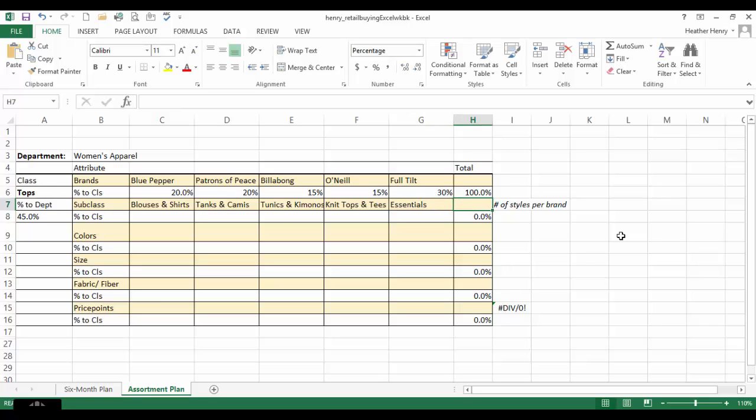Tilly's refers to their basics as essentials, so that's why it really matters what retailer you are examining, to understand exactly what subclasses they carry.